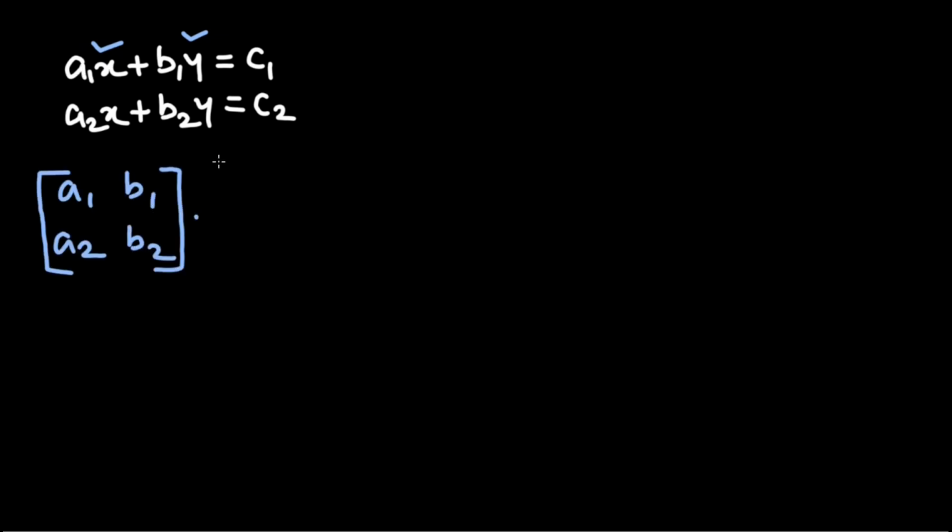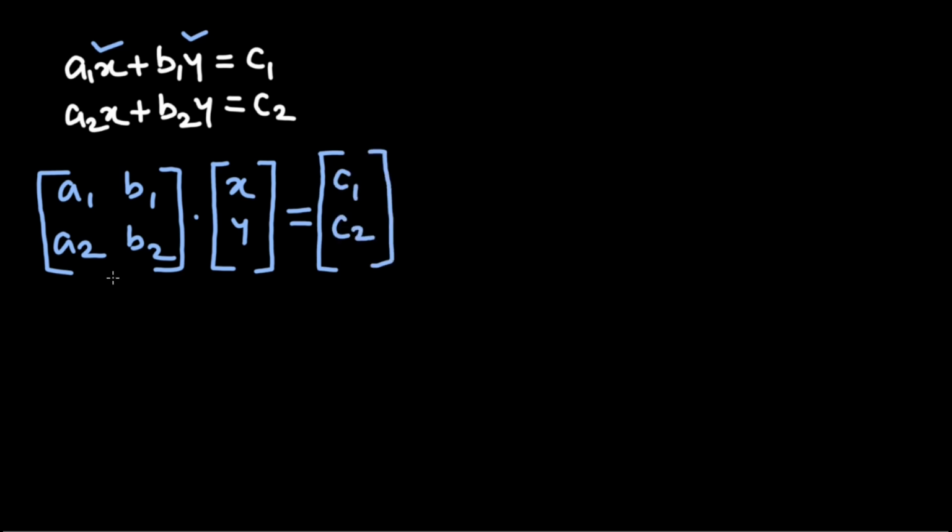Then we multiply this coefficient matrix by the variable matrix, which is a column matrix x, y. We equate this product to the column matrix of the constants c1, c2. We name this coefficient matrix A and the variable matrix X.